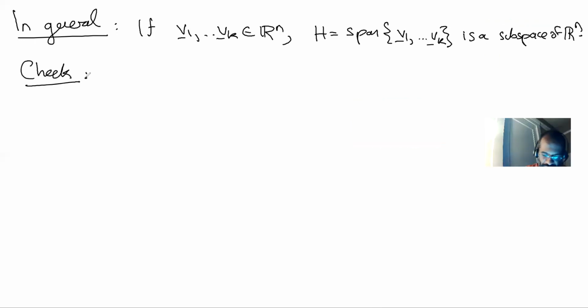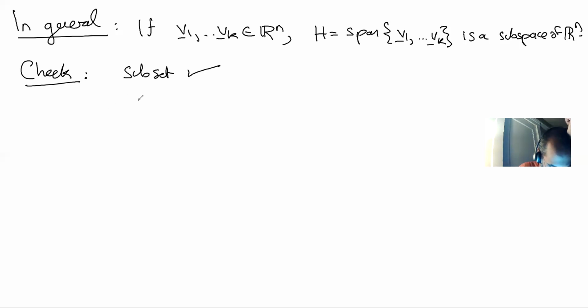This is a slightly more abstract setting because now we don't exactly know what the vectors are. Let's prove this. Is it a subset? If you have a bunch of vectors in Rn and you take linear combinations, everything you get is also in Rn.